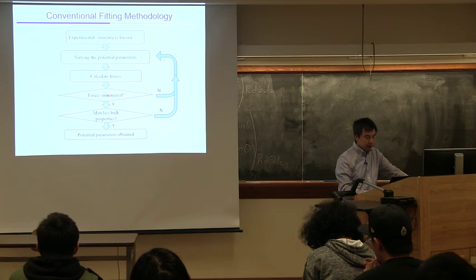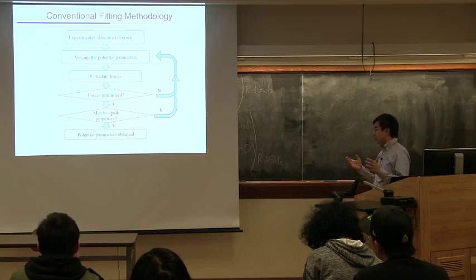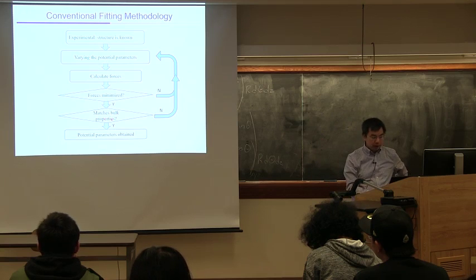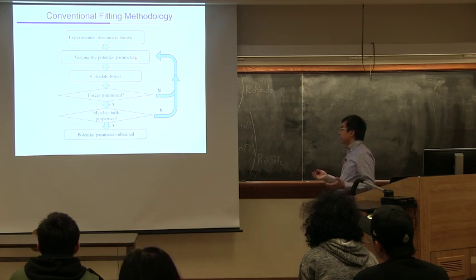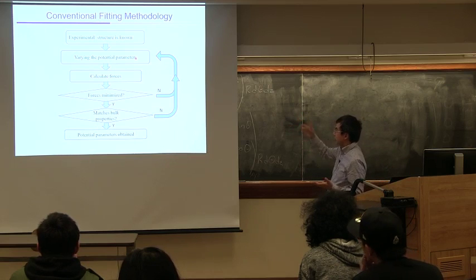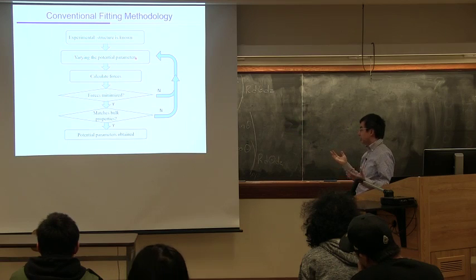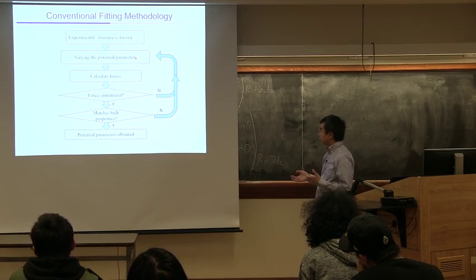But if the force is minimized, now you can reach the equilibrium structure, right? Now you can check whether your equilibrium structure has the lattice constant observed in experiment. If it's not, you have to come back and change your potential parameter, based on whether your lattice constant is over-predicted or under-predicted, and then rerun the simulation until your lattice constant agrees with the observed.